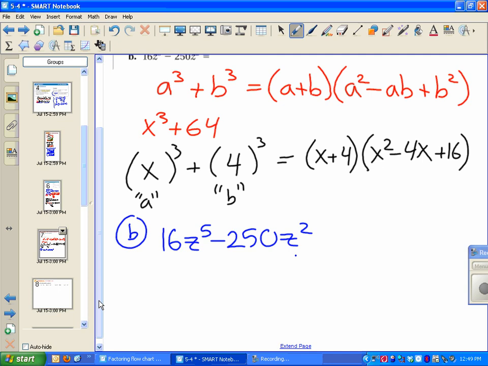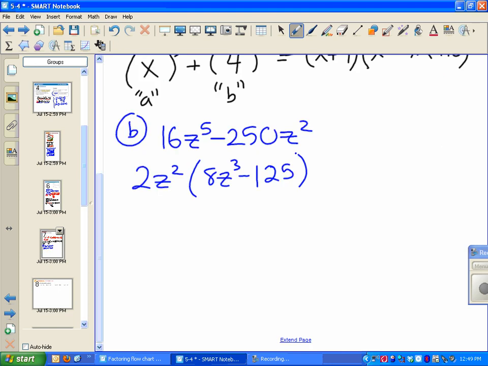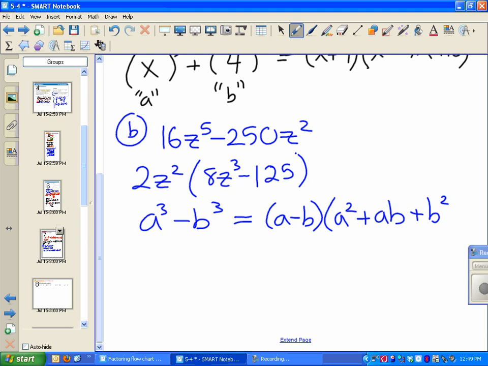So when I factor out 2z squared, inside we get 8z cubed minus 125. So that is a difference of cubes. So we have a cubed minus b cubed, and write the formula every time you use it. So same sign there. Then we have a squared, opposite sign, and multiply them together, ab plus b squared.